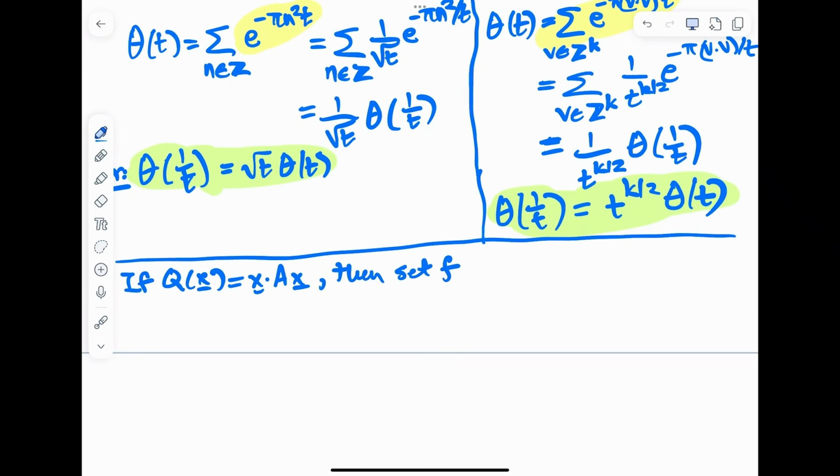set f of x to be e to the minus pi Q of x times t, where t is a positive number.